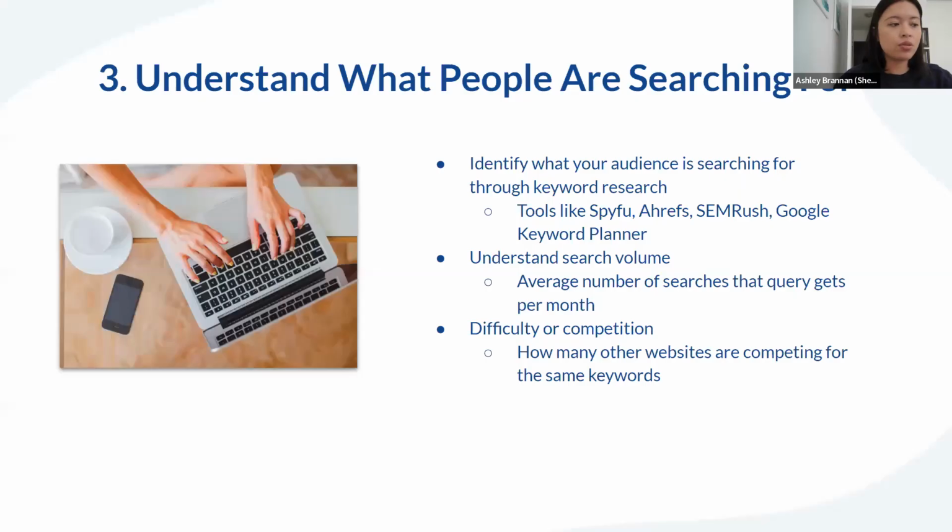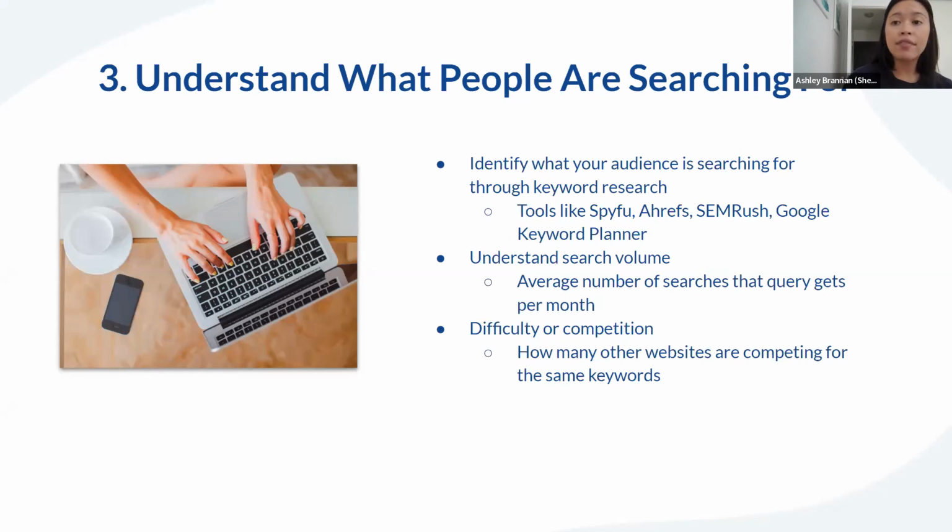Once we define those goals and think about where to start, we can understand what people are searching for in relation to your organization. SEO really does rely on pulling search traffic that already exists to your website. So unlike Facebook, where ads will seek out relevant audiences and present information, SEO is kind of the opposite.